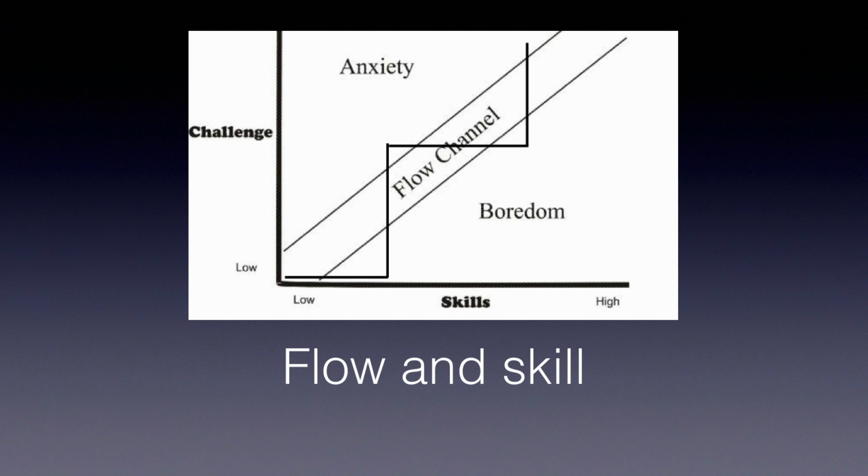So what we try to do is balance people's levels of skill with the task at hand and try to bring them up at equal levels, which at times can be difficult because they don't usually work out the same way. So we end up either having a graph of as we become more skilled, the challenges are not great enough, or the inverse.